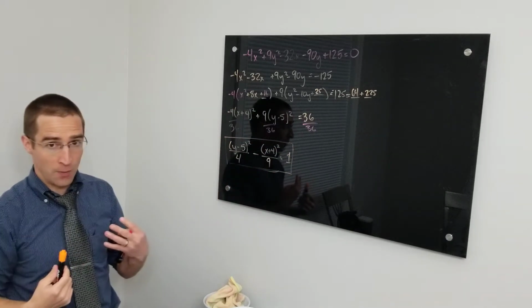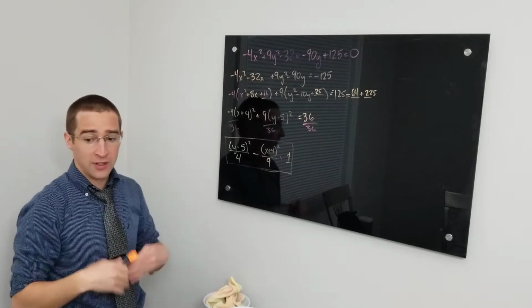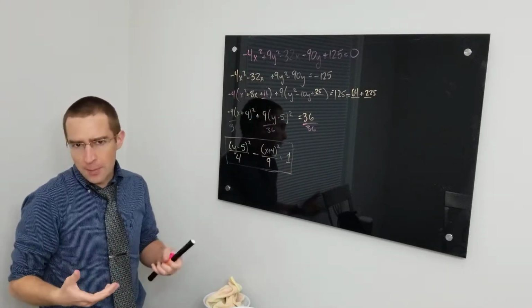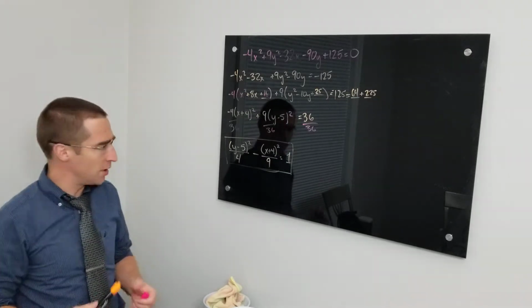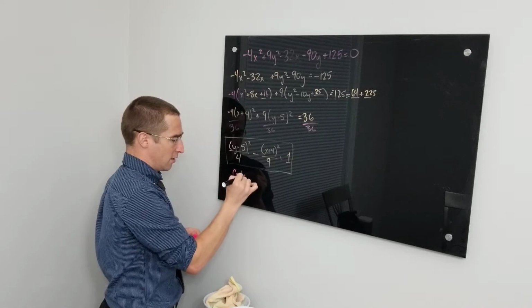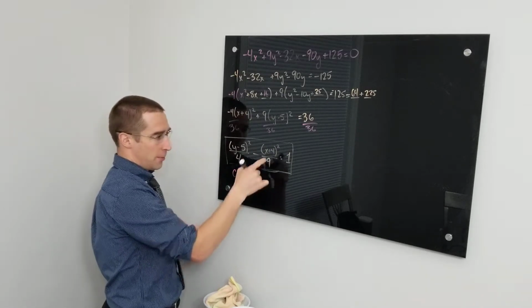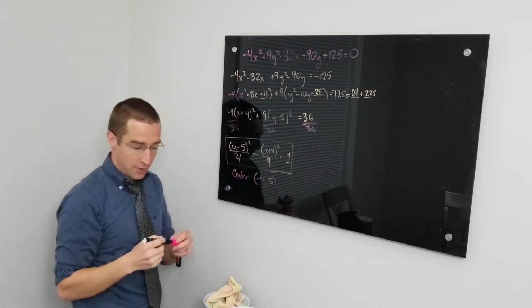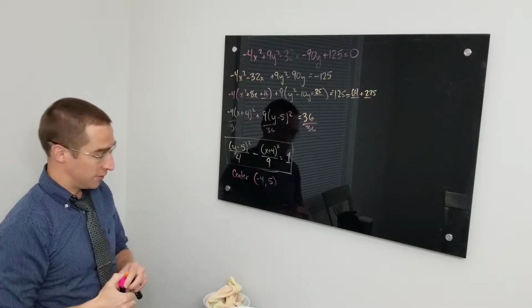All right, now we need to go about sketching out the graph and finding the other parts of the hyperbola. So let's find the center. The center is at the opposite of the x, so negative 4, and the opposite of the y, 5, so negative 4, comma 5.